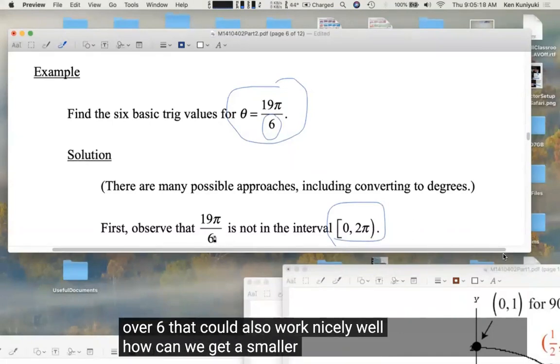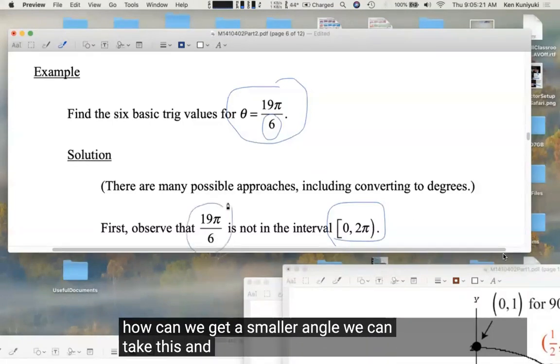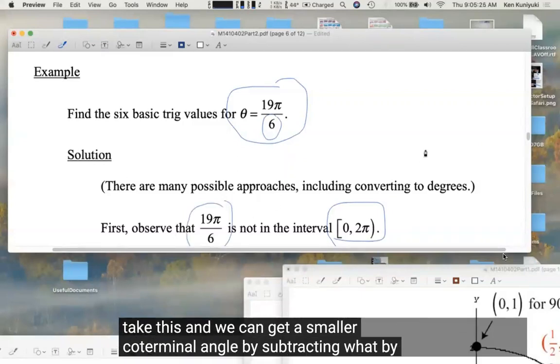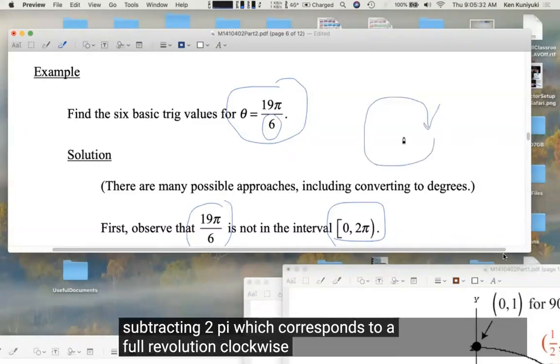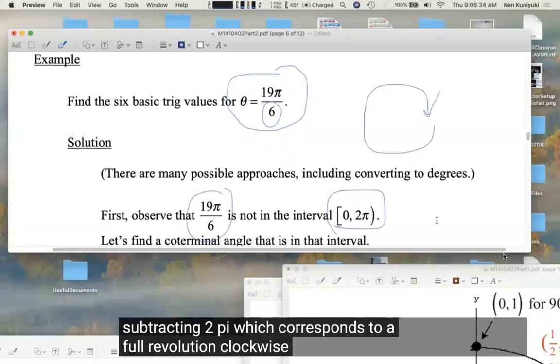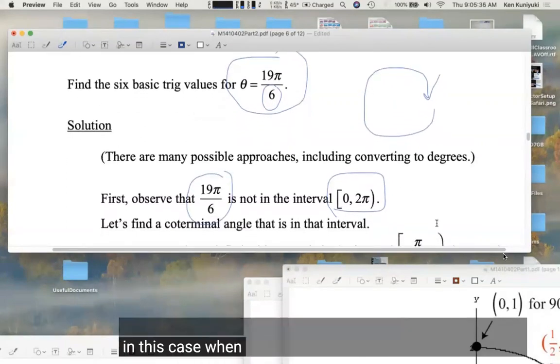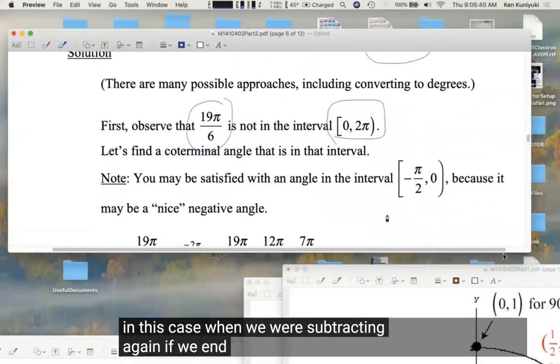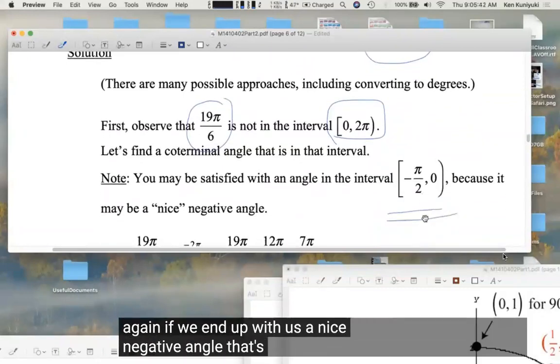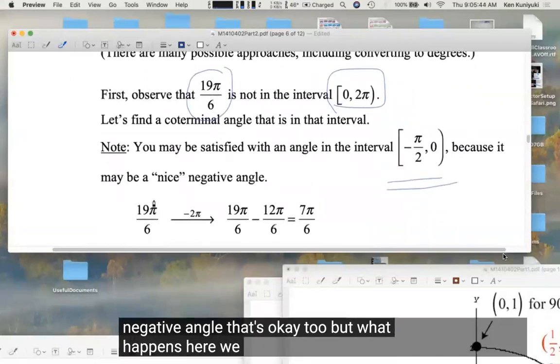Well, how can we get a smaller angle? We can get a smaller coterminal angle by subtracting 2 pi, which corresponds to a full revolution clockwise, in this case. Again, if we end up with a nice negative angle, that's okay too. We start with 19 pi over 6.